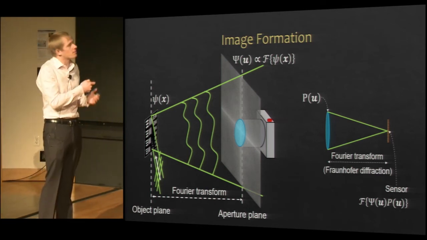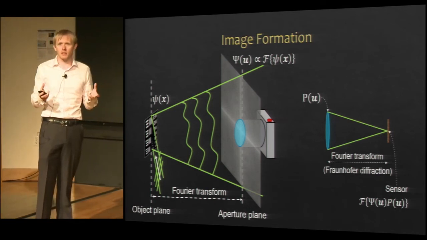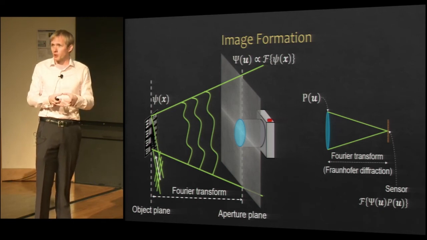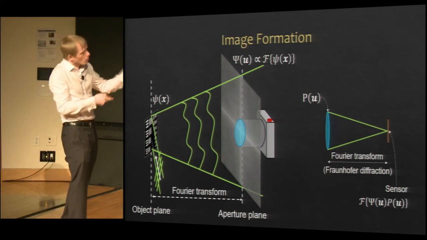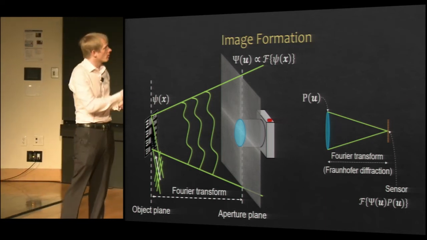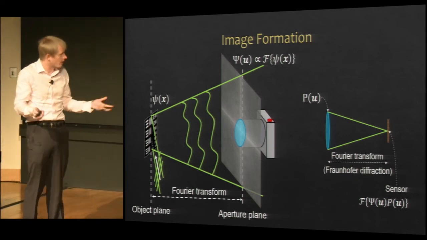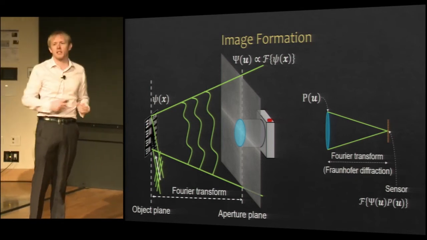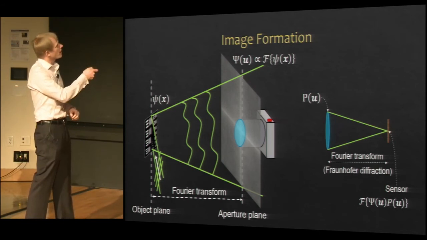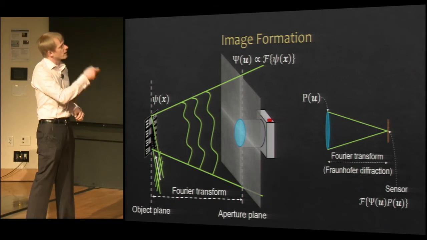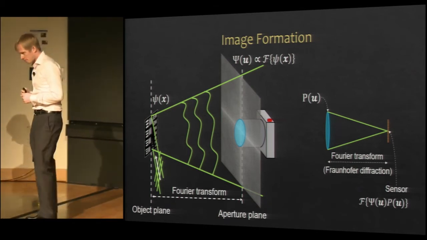It intersects my camera lens, which acts as a bandpass filter, only allowing a portion of the Fourier domain to pass through. And then inside of the camera, we undergo another Fourier transform, which satisfies Fraunhofer diffraction, onto the sensor. Okay? So we have a linear Fourier transform, a linear bandpass filter, and a linear Fourier transform onto the sensor.